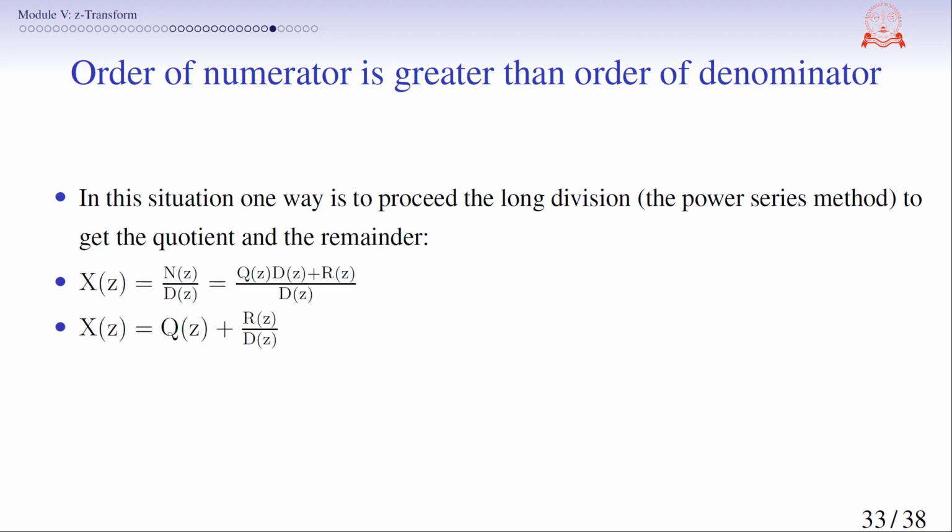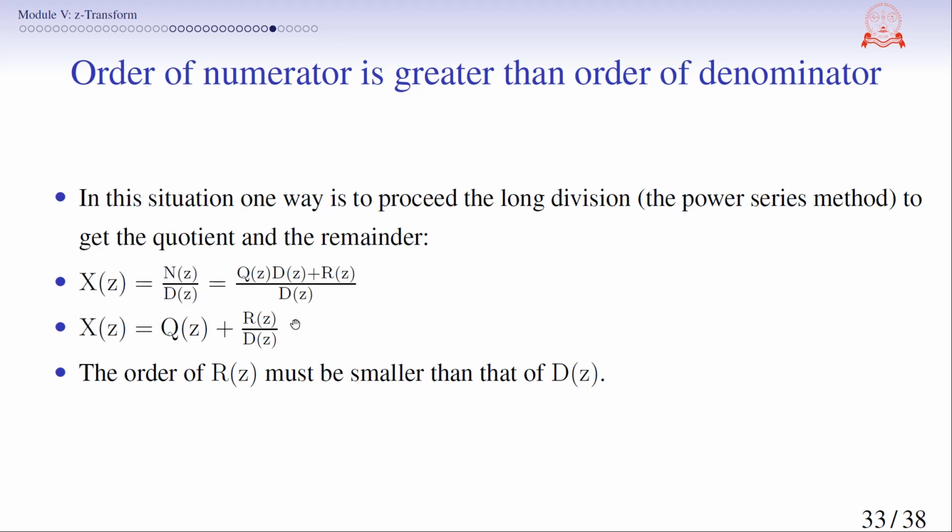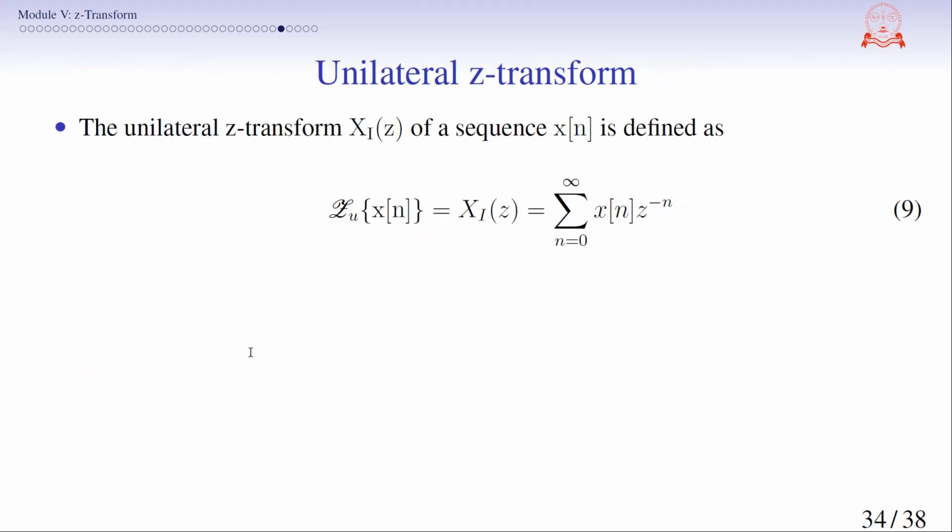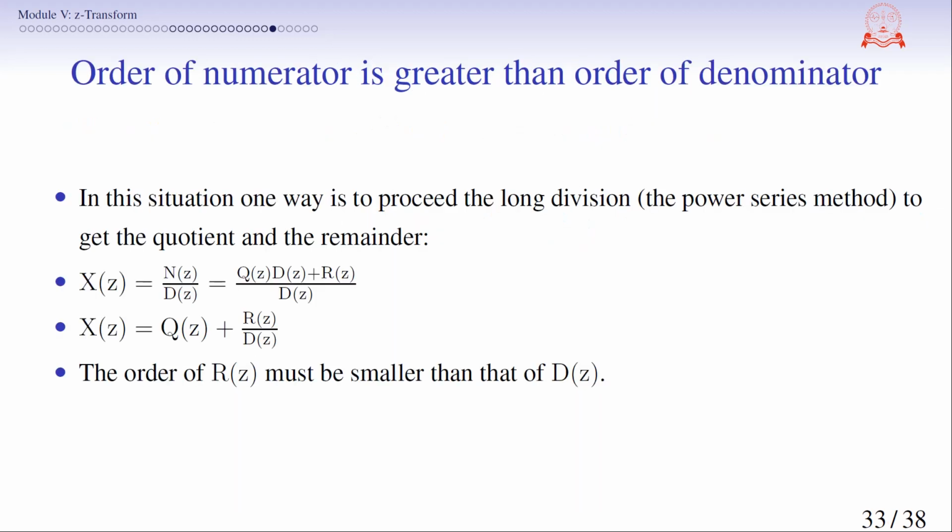Here the order of the remainder is much smaller than that of the denominator, so R(z) divided by D(z) can be processed by the partial fraction method, and we can find the corresponding inverse Z transform.